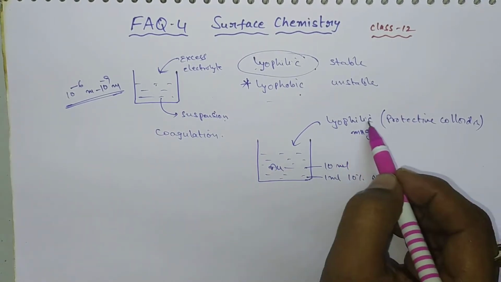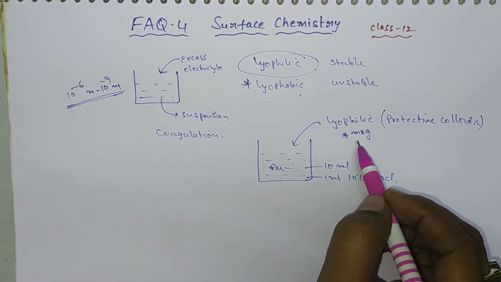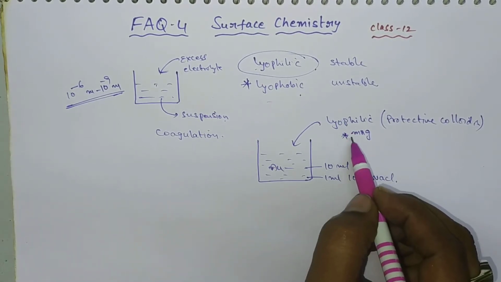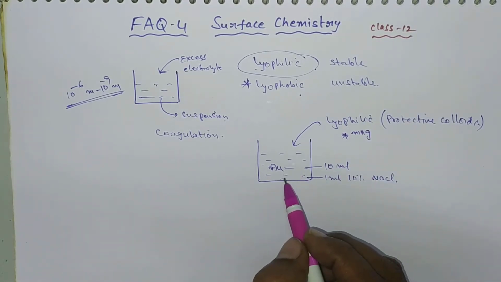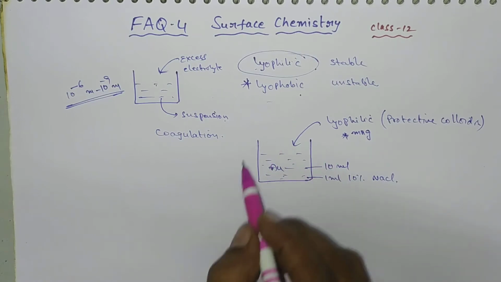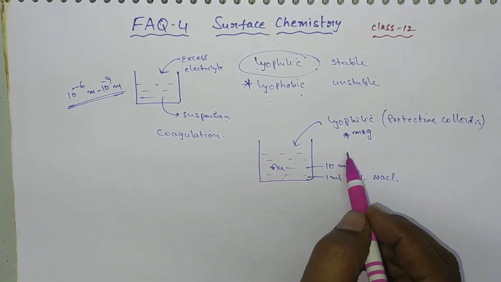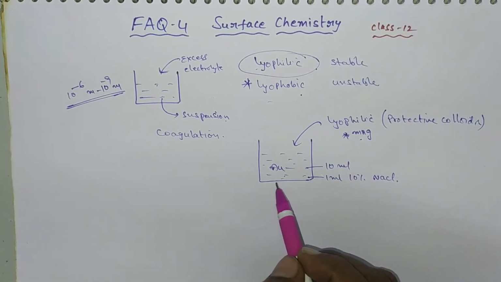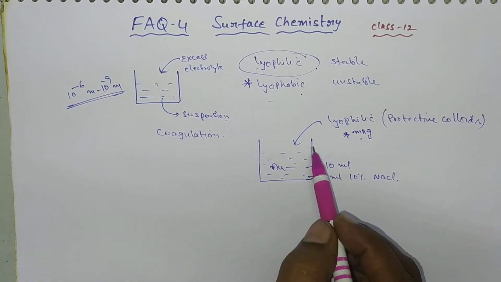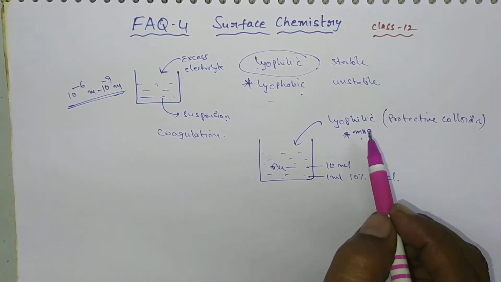This amount of lyophilic colloid which is to be added to a lyophobic colloid to prevent it from coagulation is called the gold number.